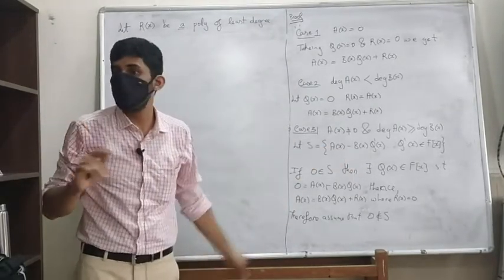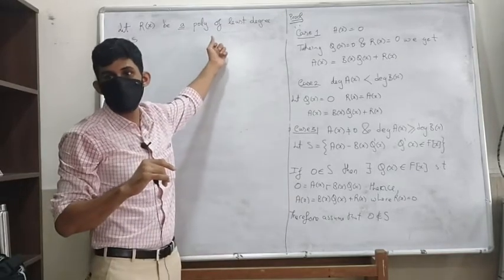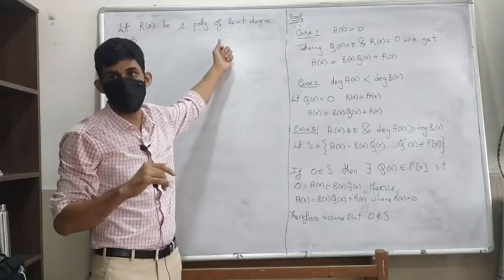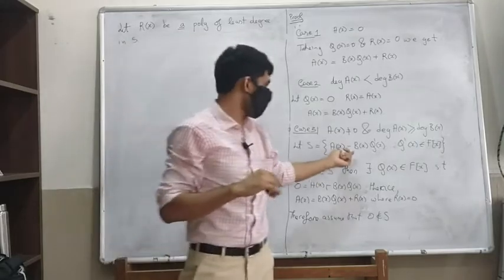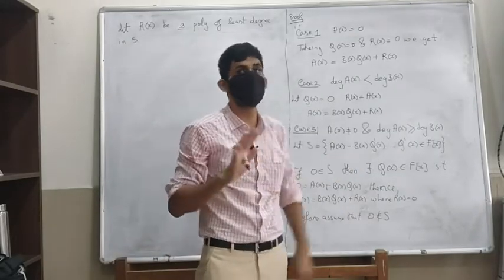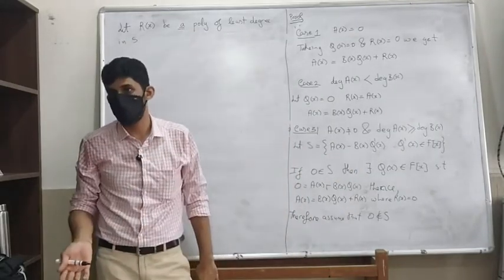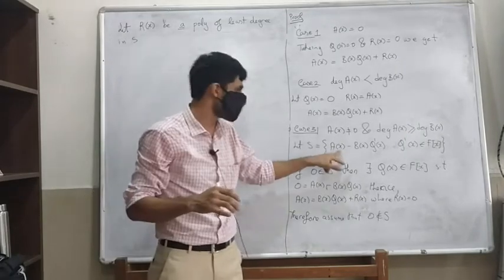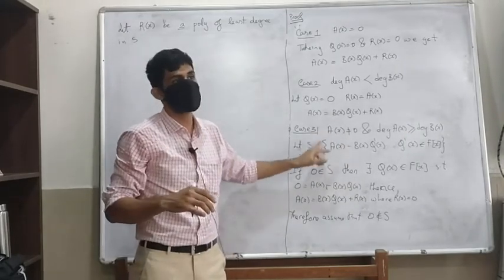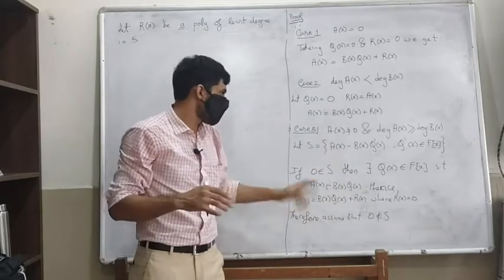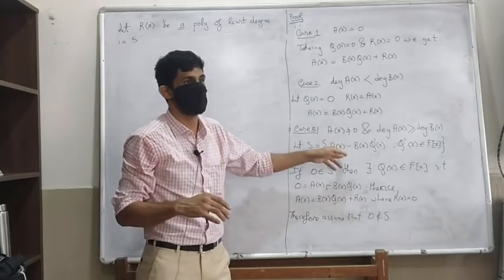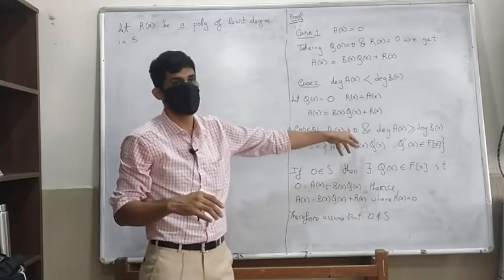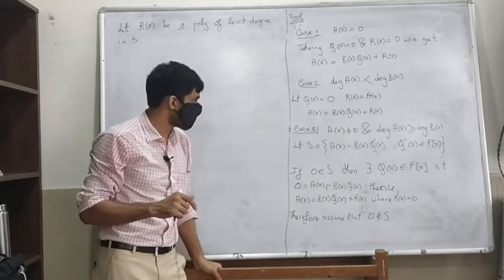We can do this, how do we know we can do this? By the well ordering principle. Look at the set of all the degrees. That is going to be a non-empty subset of natural numbers, because A of x has positive degree, or I can't say positive.